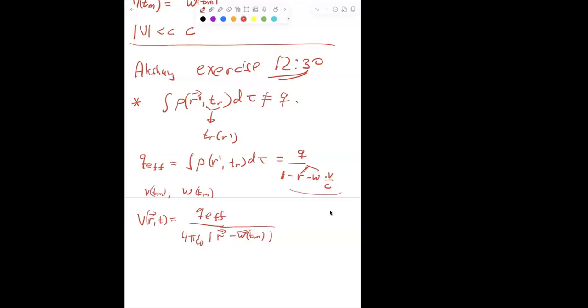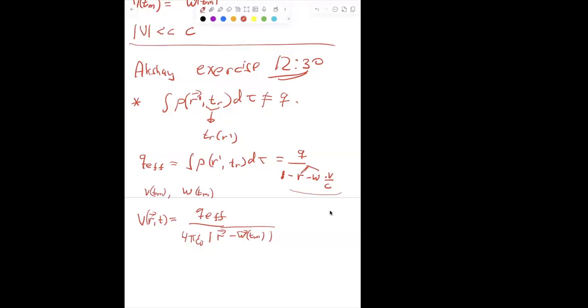But notice that this is problematic. We need to understand what Q effective does mean, because this Q effective itself, in principle, through the v and the w, depends on where you are looking in space. So for each point in space, and for each time, you have a different Q effective.